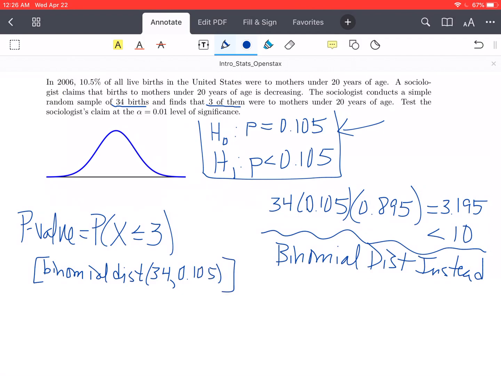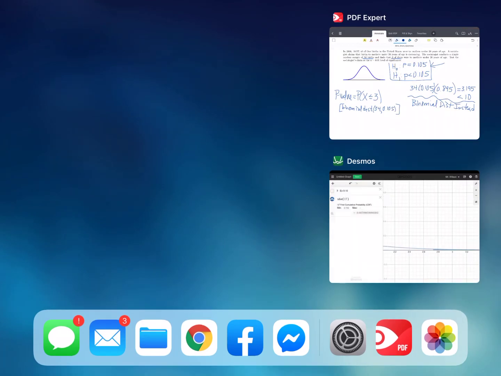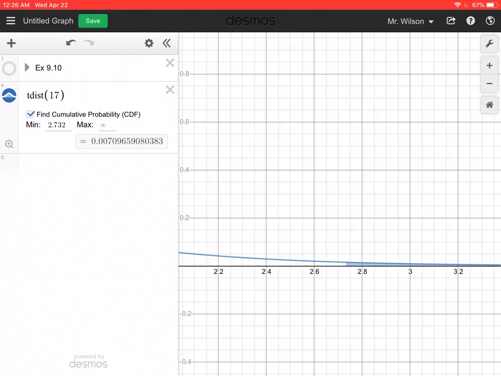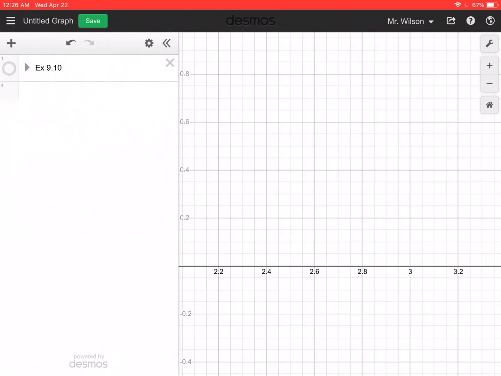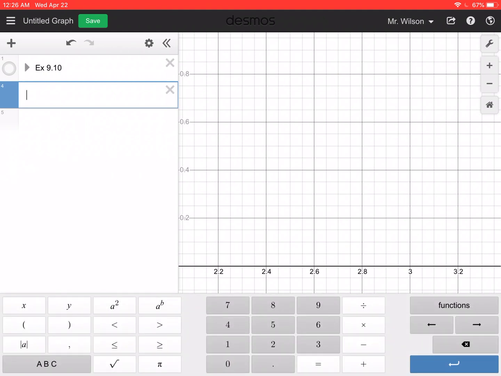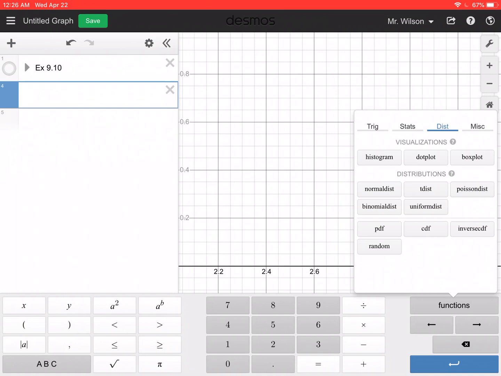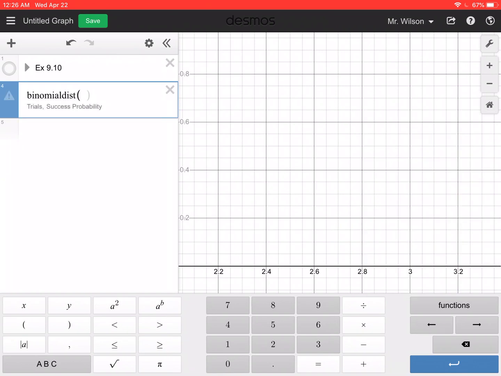So let me get rid of my t distribution here. Let's get the binomial distribution. It tells you it needs the trials and success probability. So 34 trials, success probability of 0.105.